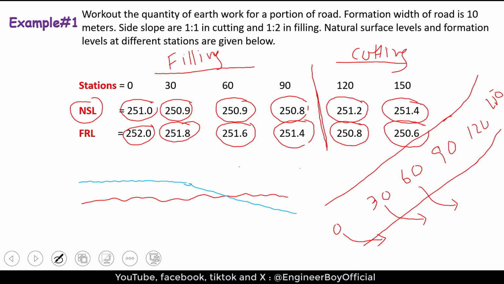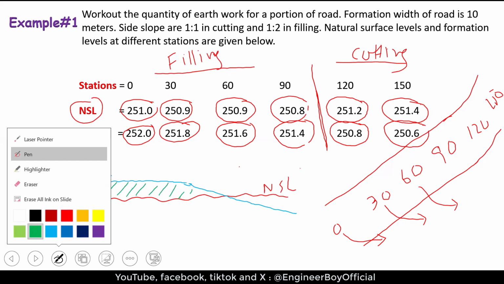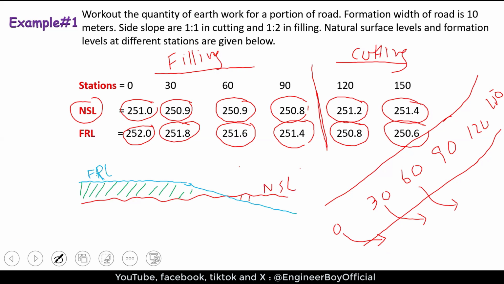The green one represents NSL, and this one represents the FRL or formation level. Very simple. It means here we should have filling. This portion is filling, and this portion is cutting.